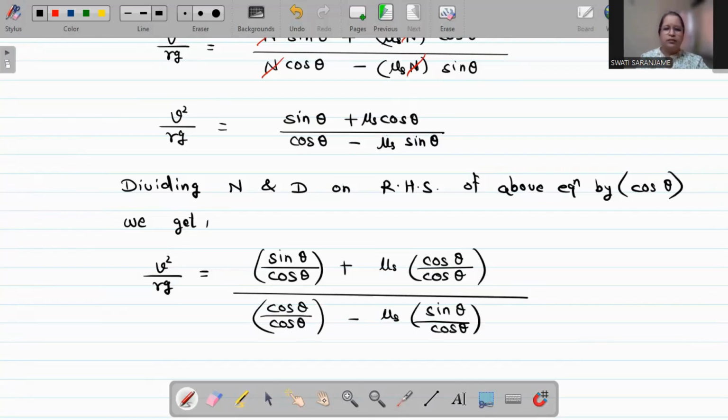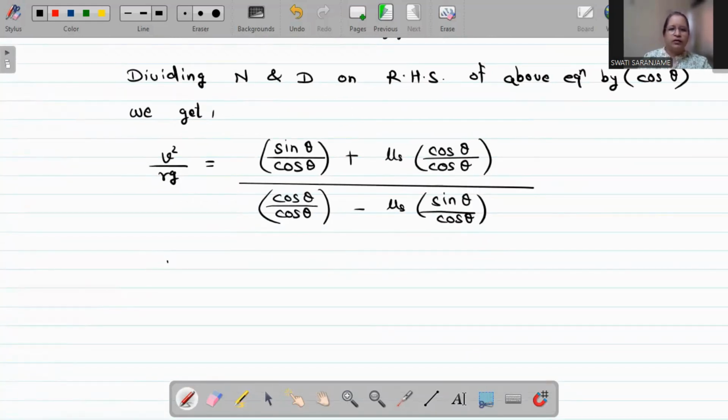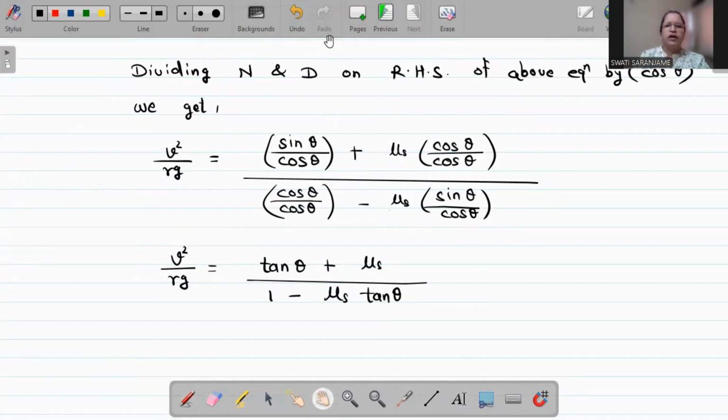Again, sin by cos represents the tangent ratio. So we get v square by Rg is equal to tan theta plus mu s divided by 1 minus mu s tan theta.